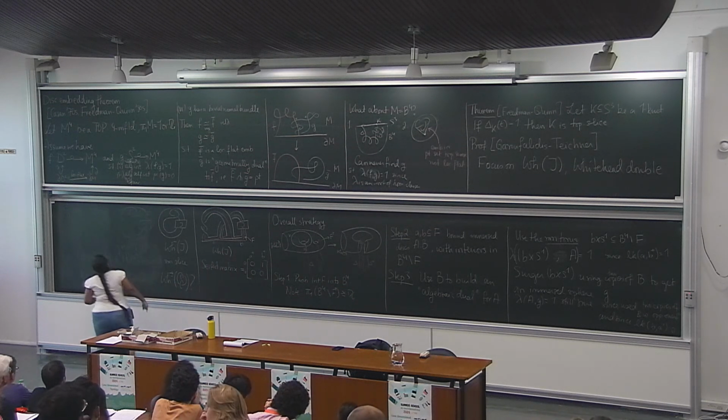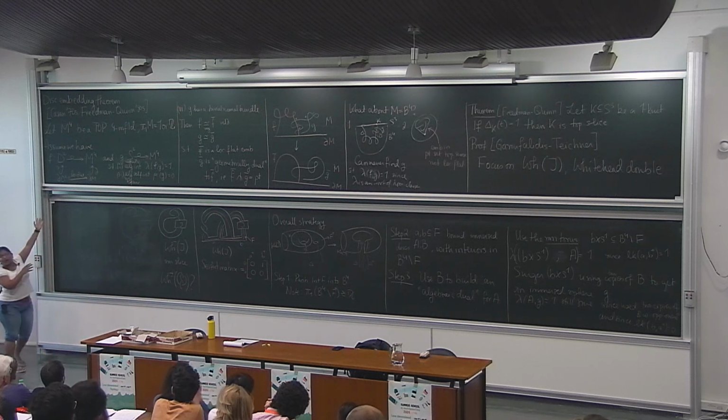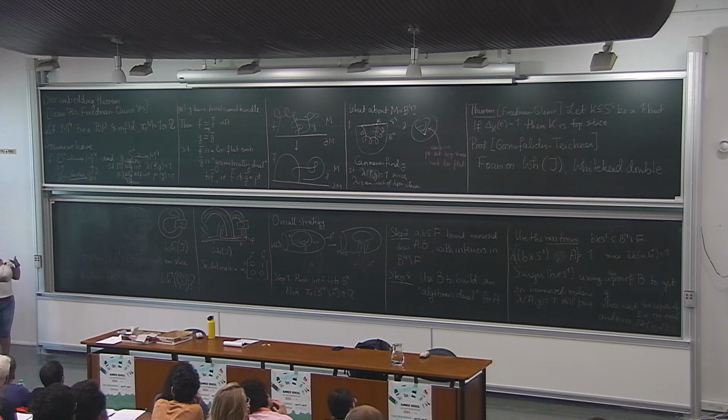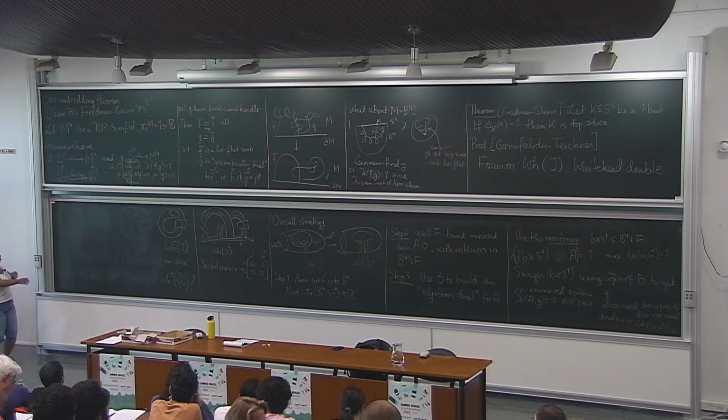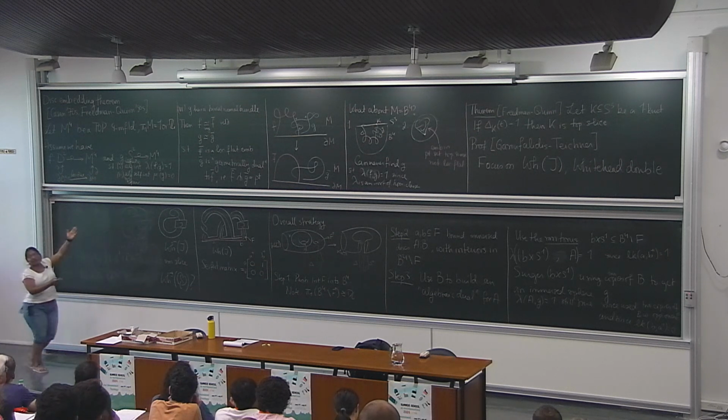That's a great question. So the question was, how do I address the case of more genus? I know I wrote disk embedding theorem, but actually it's disks embedding theorem. And the point is that there is a version of this for finitely many disks. Each of those disks will need a friend.